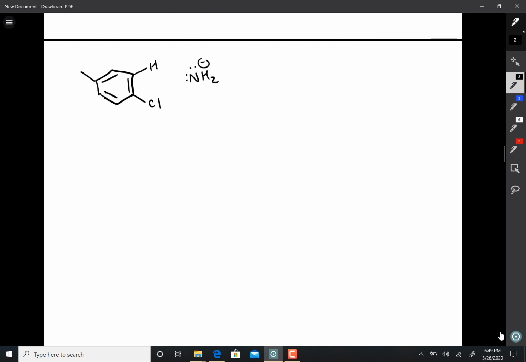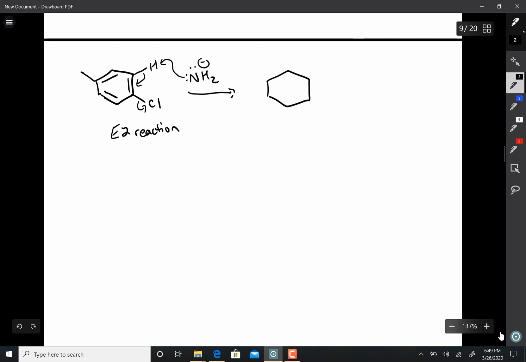But what it can do, though, is this is strong enough to do an E2 reaction. And that gives us a highly strained alkyne. And this particular molecule is called benzyne.